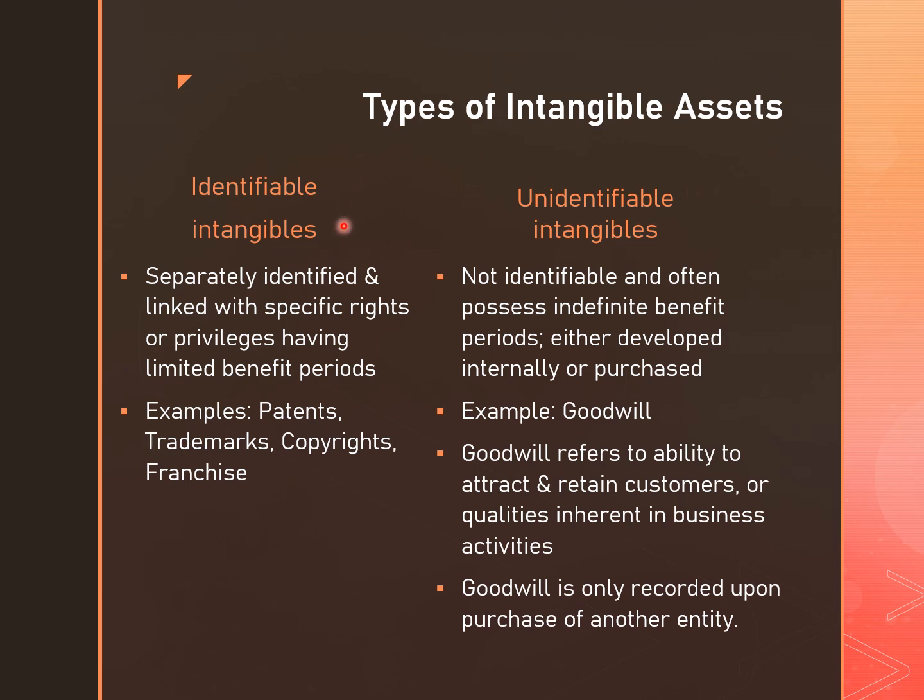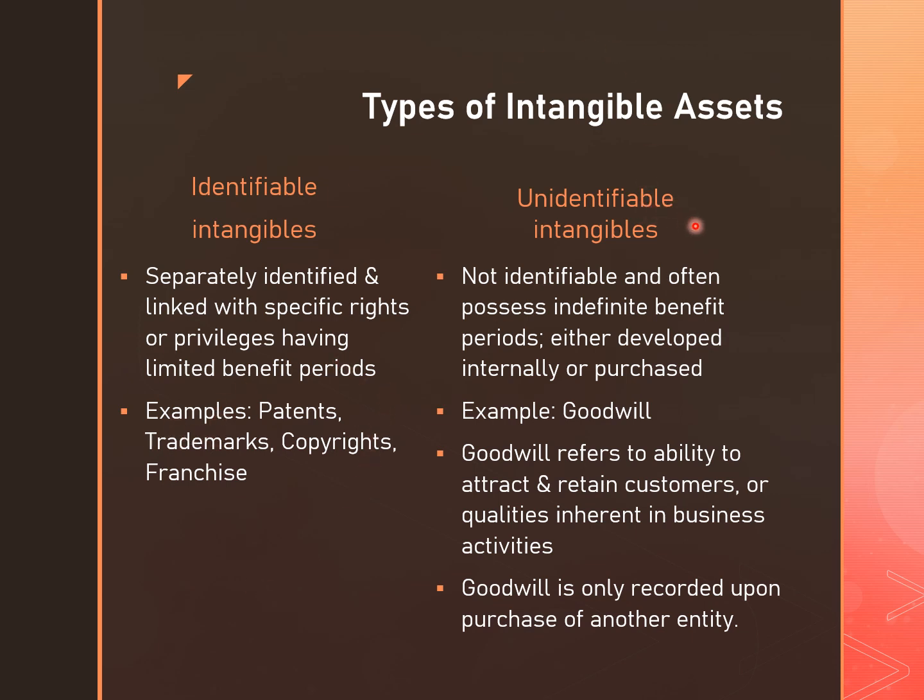Identifiable can be identified separately from the others, or it has specific rights or privileges with a limited benefit period, like patent, trademark, copyright and franchise. So patent, trademark, copyright usually have a period of about 20 years. So they have a limited benefit period.